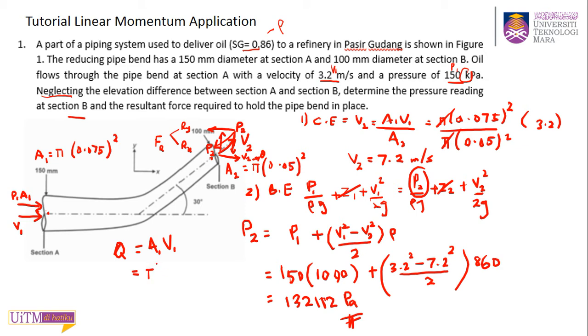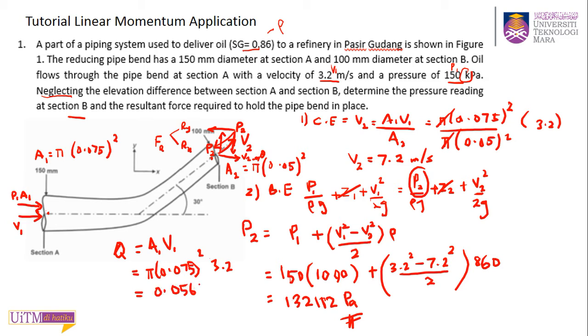Pi times 0.075 squared, darab dengan 3.2. Berapa nilai Q awak? Berapa Q? Volume flow rate? 0.0565.